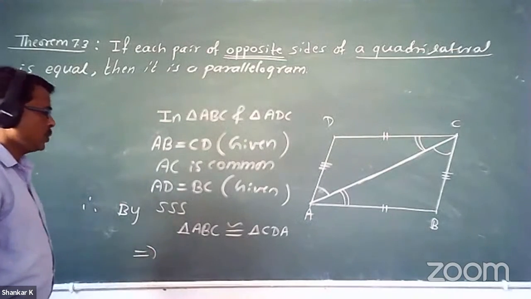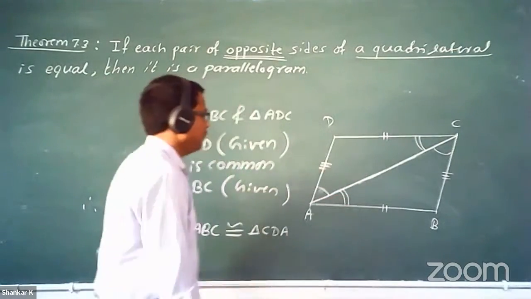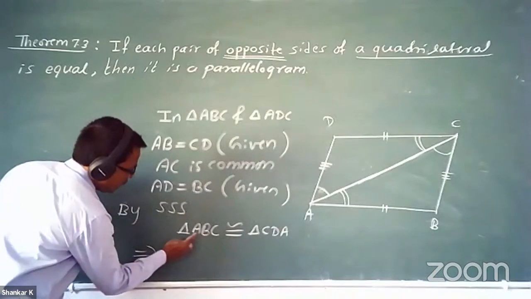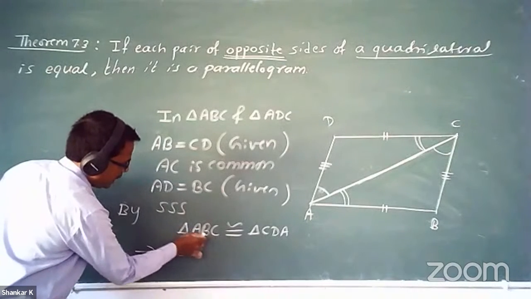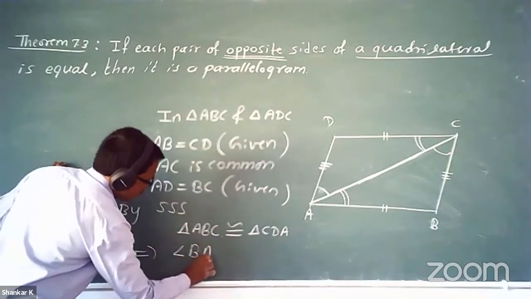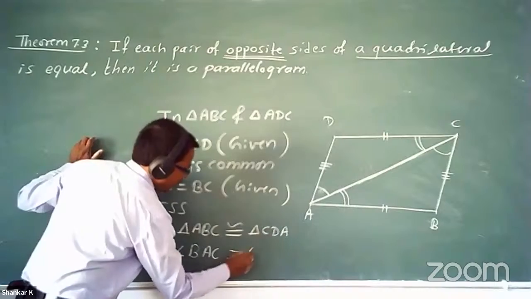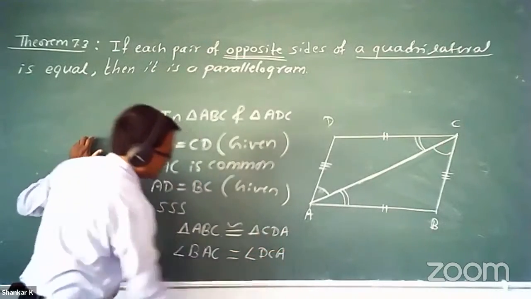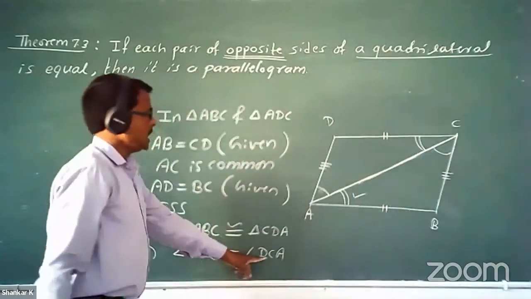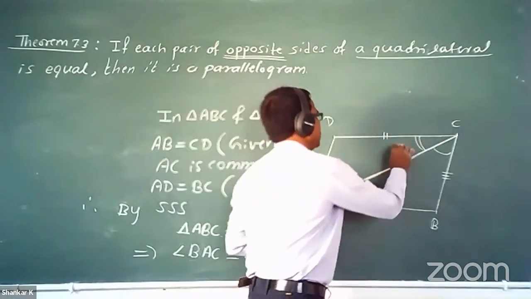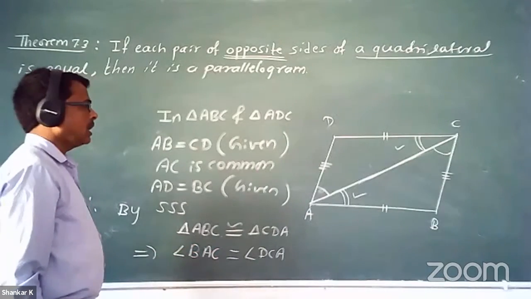We need angle BAC equal to angle DCA. Angle BAC, this one, and angle DCA, this one. These two are equal. But these are alternate interior angles.